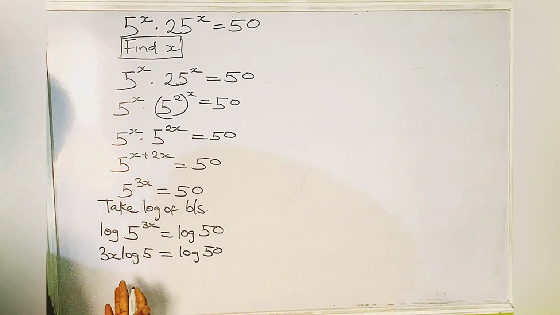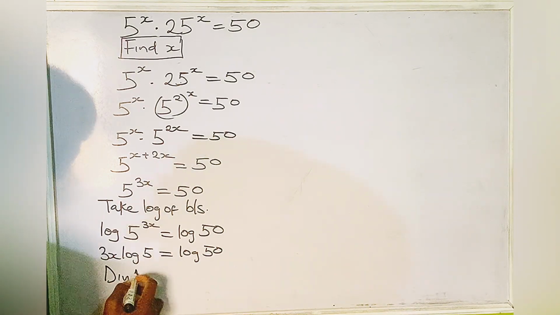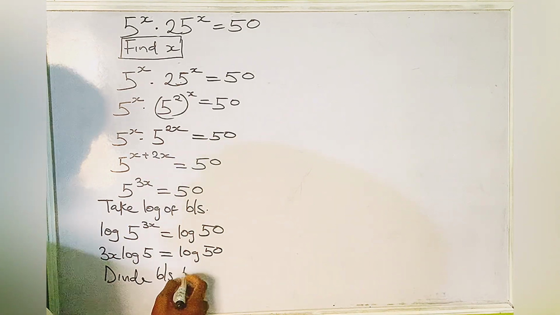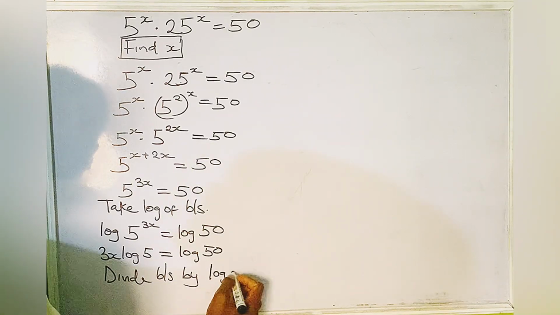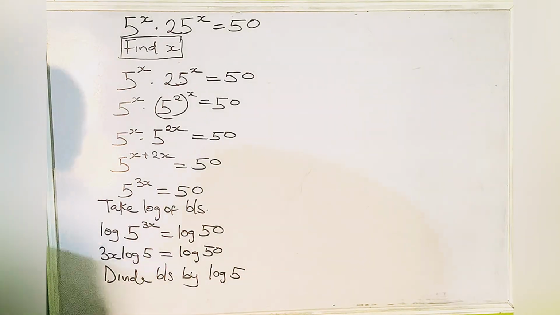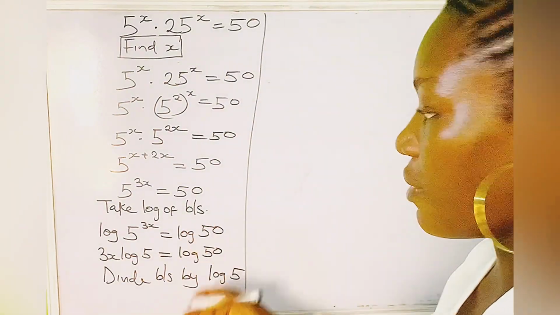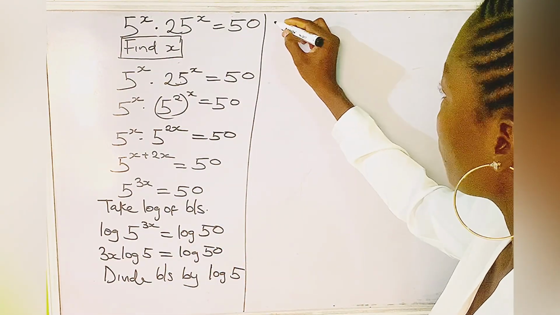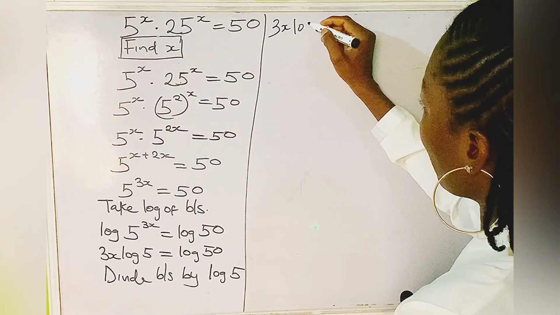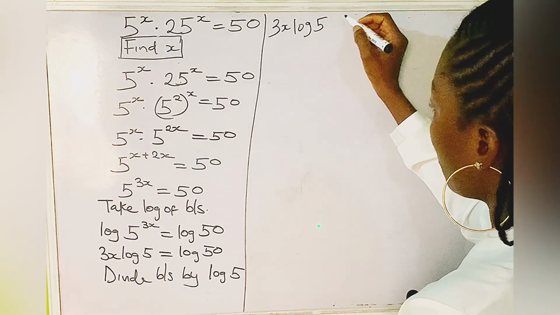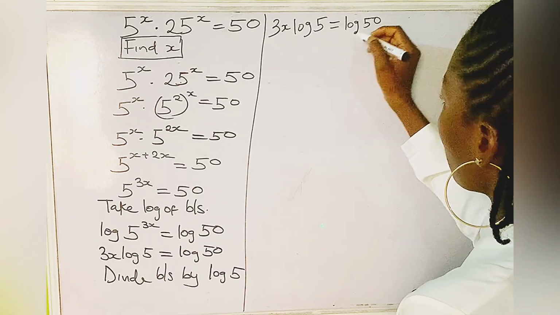All right, now let's divide both sides by log 5. If you divide both sides by log 5, we have 3x log 5 is equal to log 50.